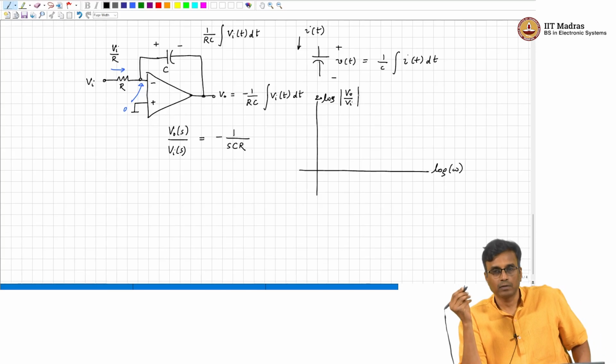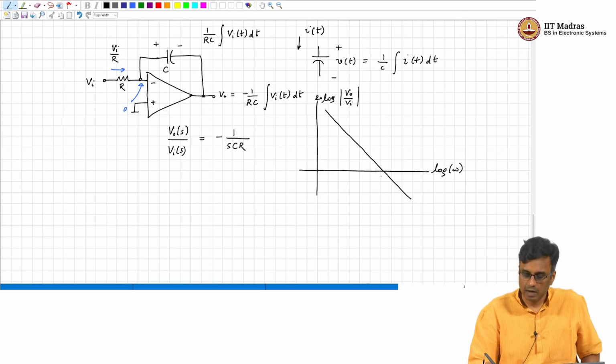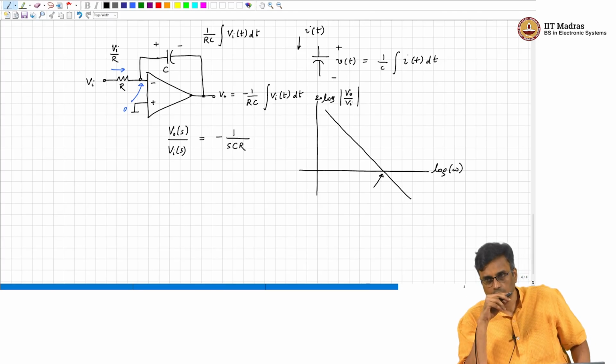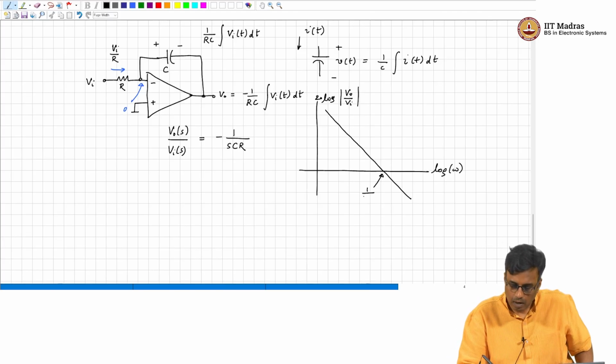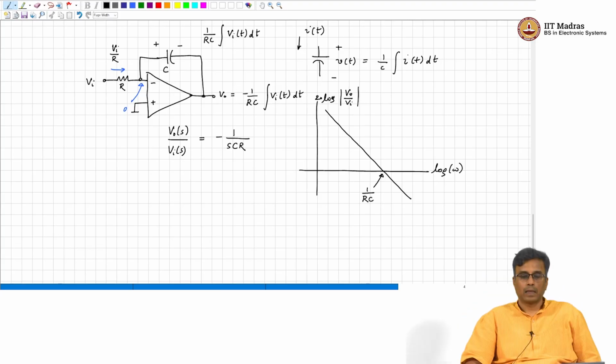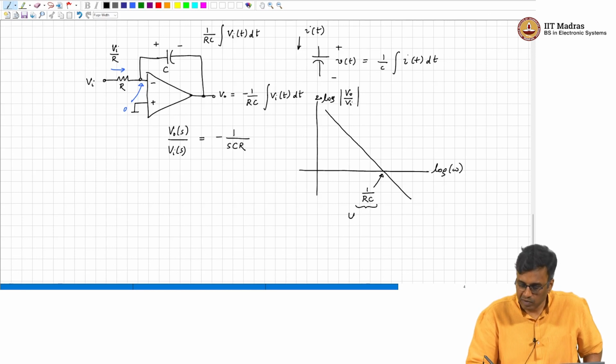How will this look? It will fall off at minus 20 dB per decade. And what is the unity gain frequency? 1 by RC radians per second. So, this is called the unity gain frequency of the integrator.